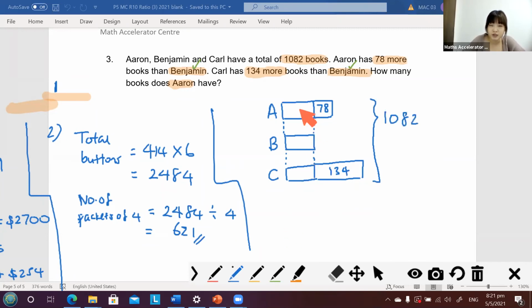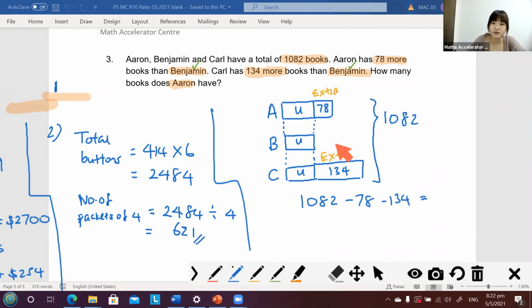So your equal units, we have this 3 over here. And you have 2 numbers here that are not the equal units. They are your extras. So what we're going to do, we want to remove the extras and find, yes, correct, 3 units. So remove it first. 1082 minus 78 minus 134.